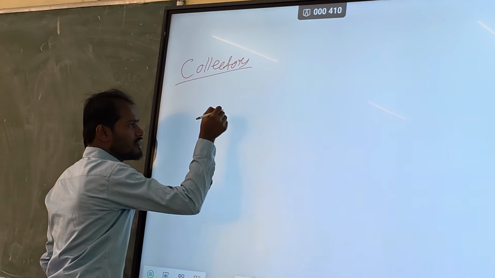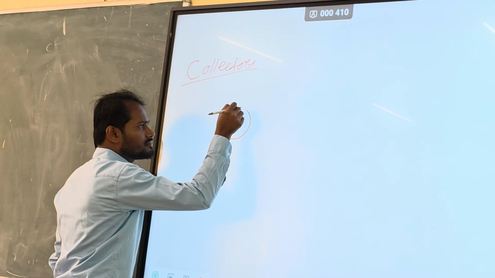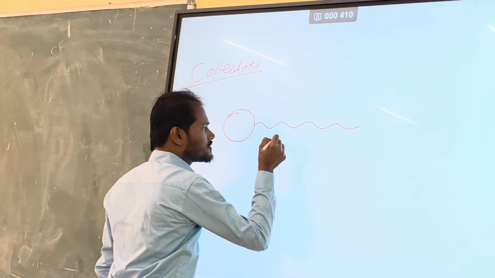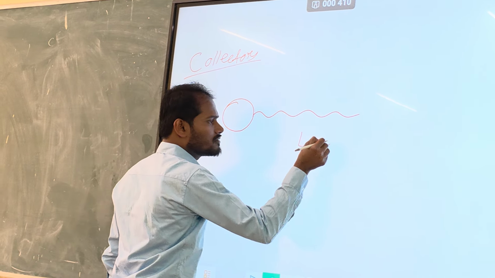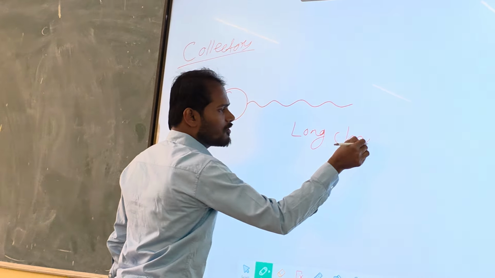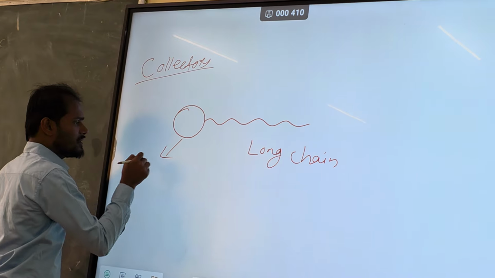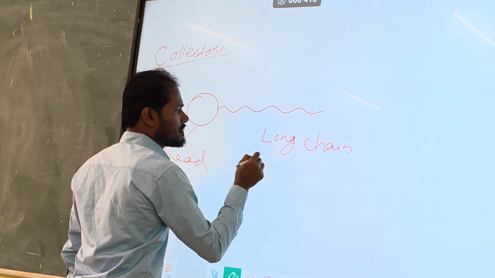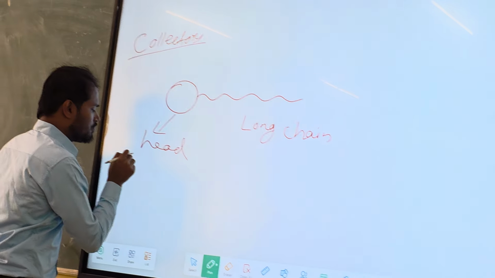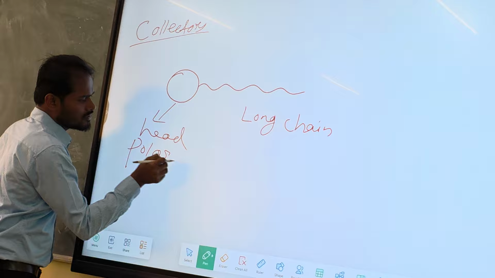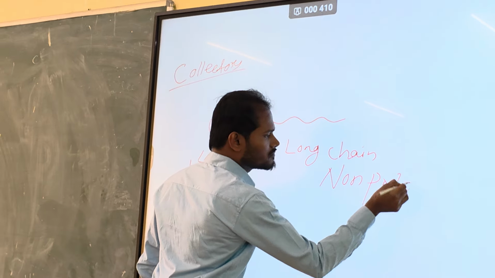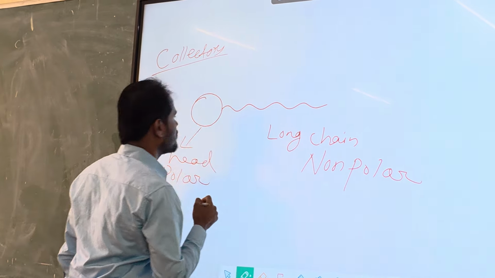So how will it look, for example? This is a long chain, and this is your head. This is polar and this is the non-polar end.